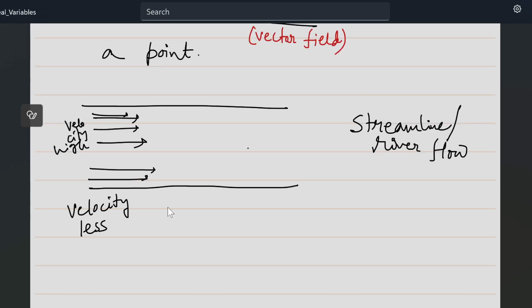Suppose you put a circular tube or something like that. Can you tell me in which direction it will rotate? Will it start rotating clockwise or anti-clockwise?